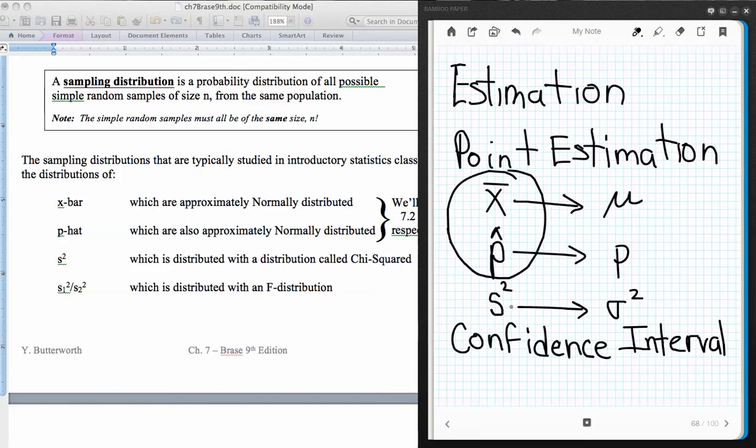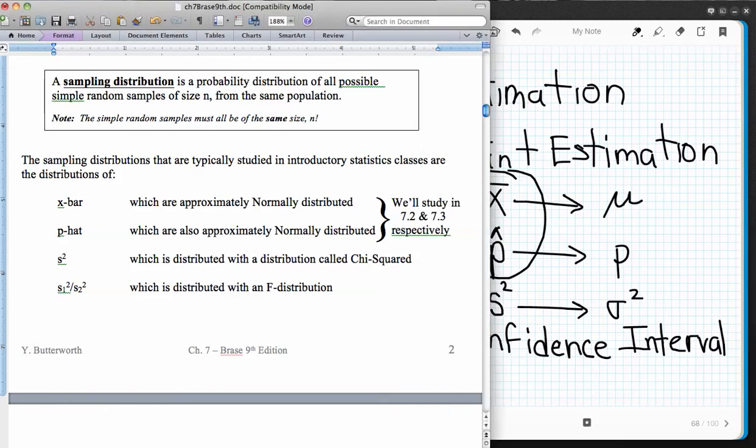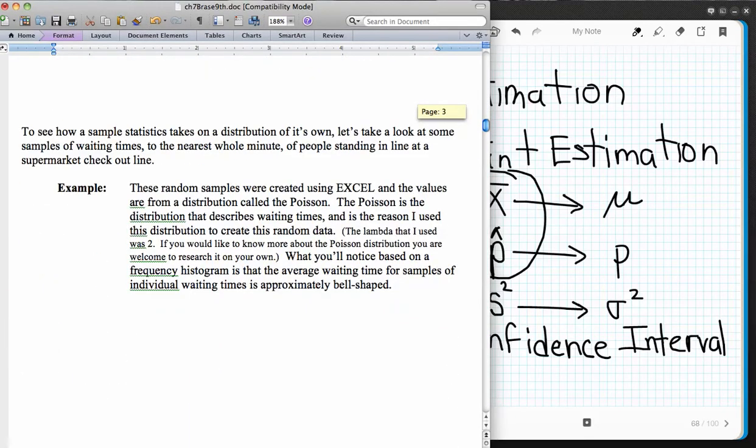And then later we'll learn also that the standard deviations and the variances have a distribution called the chi-squared distribution, which will allow us to make inferences based upon them as well. So that's kind of what we're after.